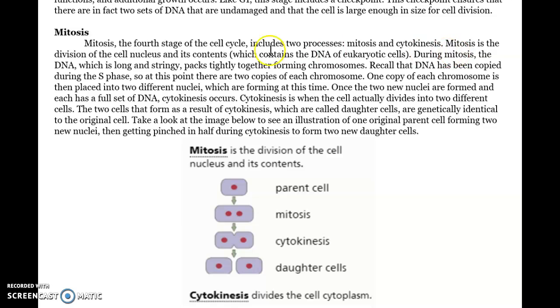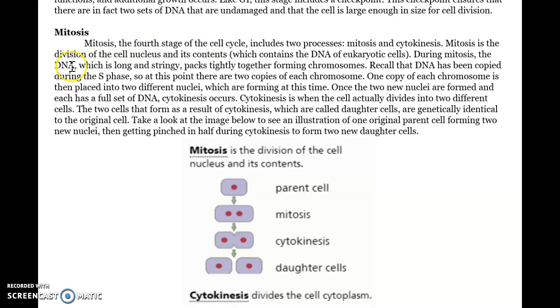During mitosis, the DNA, which is long and stringy, so think of a lot of yarn all tangled up, packs tightly together, and when this happens, DNA becomes chromosomes. So chromosomes and DNA are kind of the same thing.